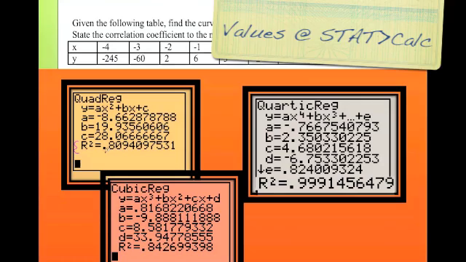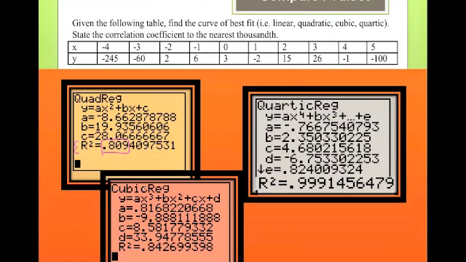R squared is 0.809. That's pretty good. It's even better with the cubic. And notice on the quartic that there's an arrow, and so that means you have to toggle down and you'll get your r squared value. And look how close that is to 1. So we know that this will be a quartic function.